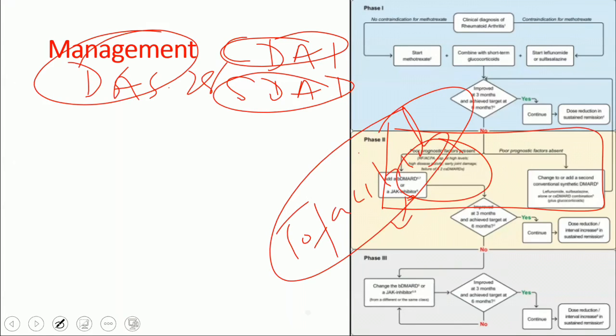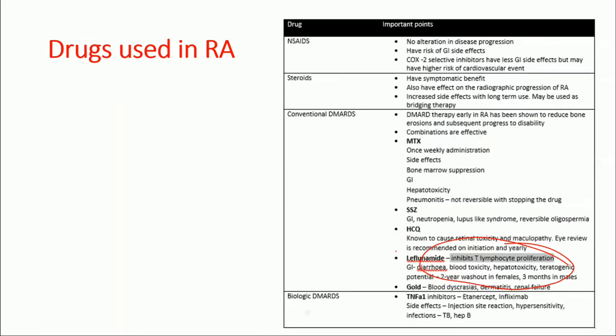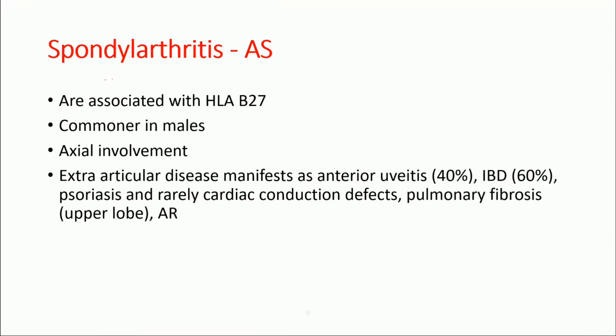Because the biologics are injections and tofacitinib is oral, it's easier to use. So at the second level, if the patient has poor prognostic features, you would try a biologic or a JAK inhibitor. Otherwise, you keep adding more DMARDs. Okay. Any questions about rheumatoid arthritis or any of those MCQs?